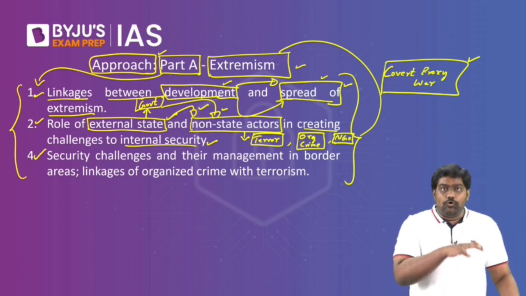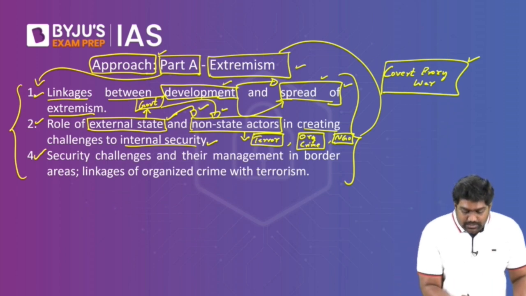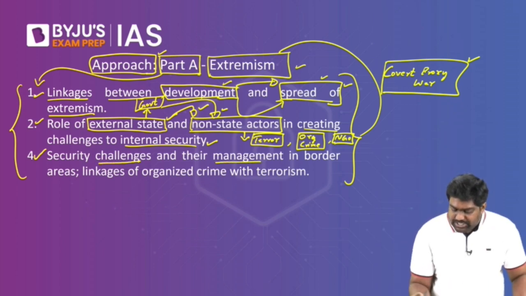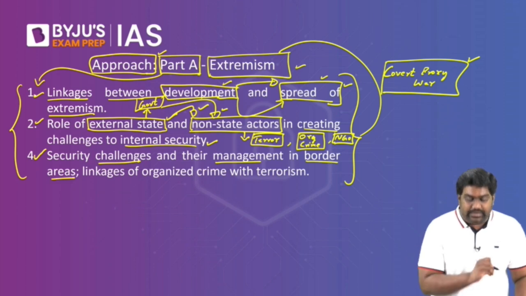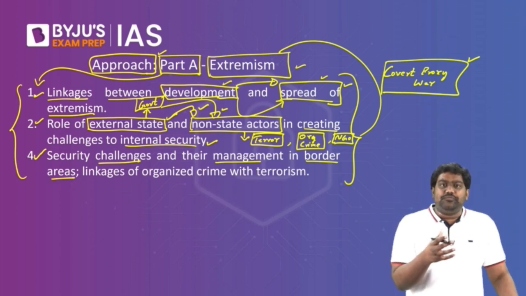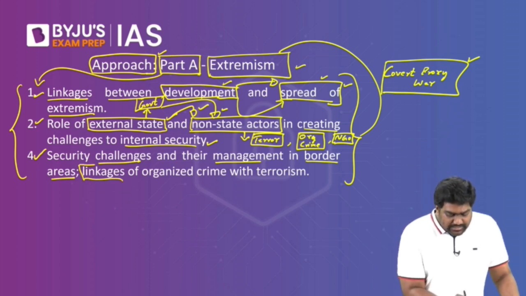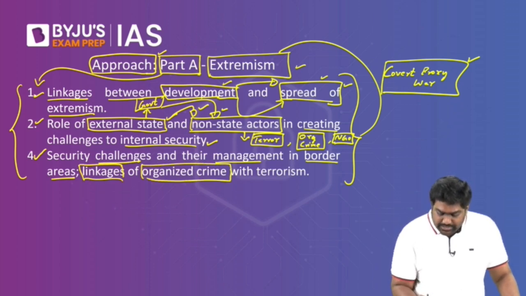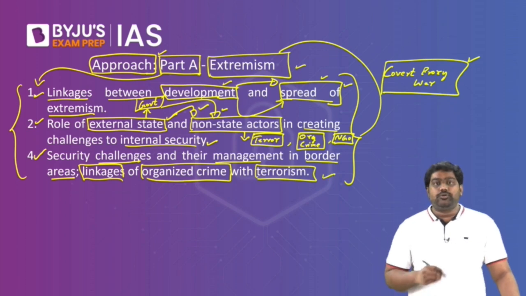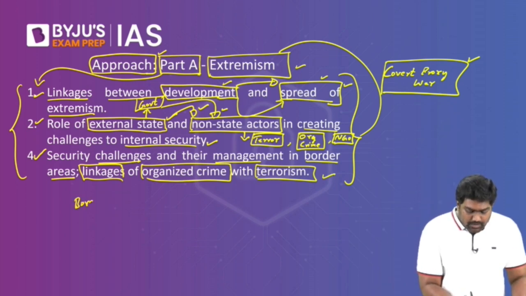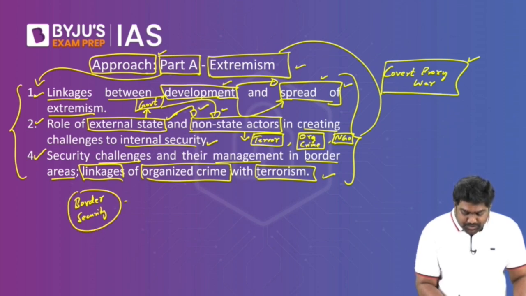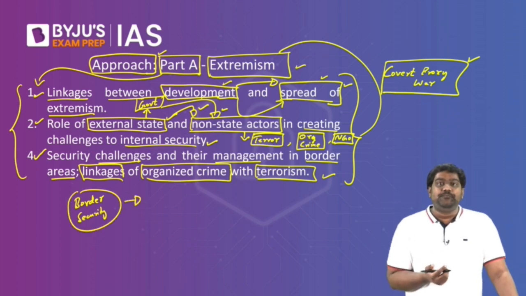And the fourth topic, as per the syllabus, deals with security challenges and their management in border areas. Basically, it refers to border security and border management. And we should also study the linkages between organized crime and terrorism. Because see, border security is directly linked with the extremist and terrorist threats that we face.